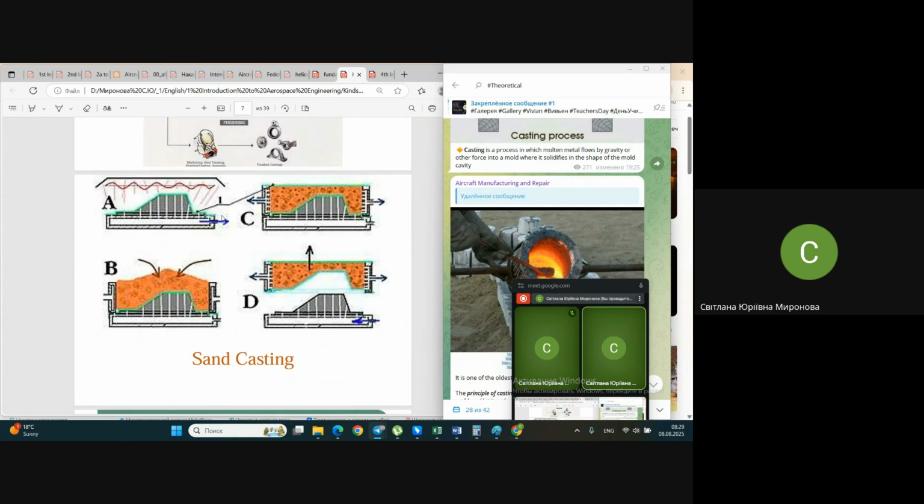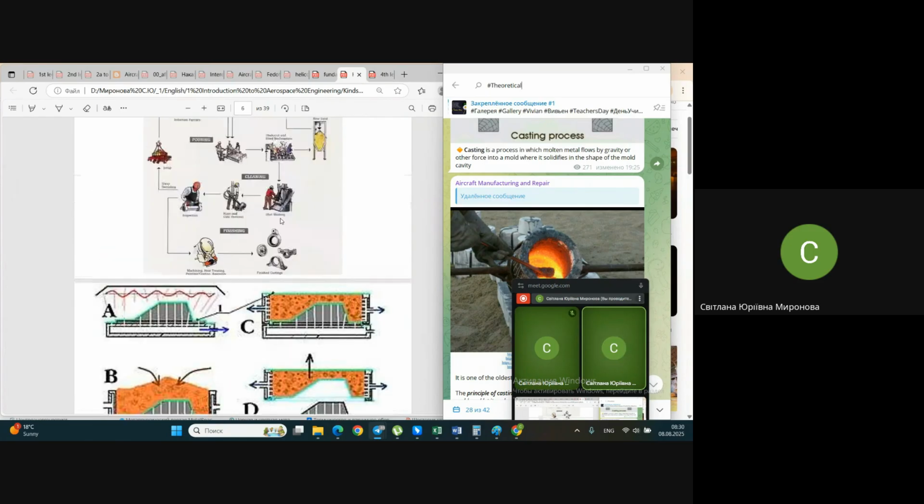How is it made? That you see in picture B. You just pour some box with this mixture. Next, it's compressed, closed tightly in the box. And here you see the removal of this solid mock-up, and the sand mold is ready.